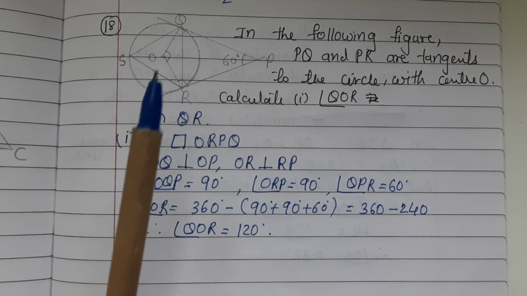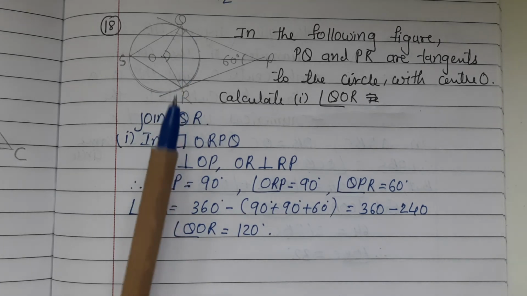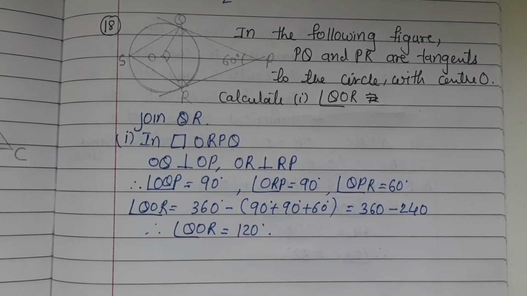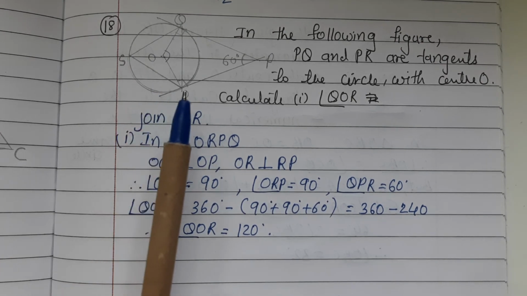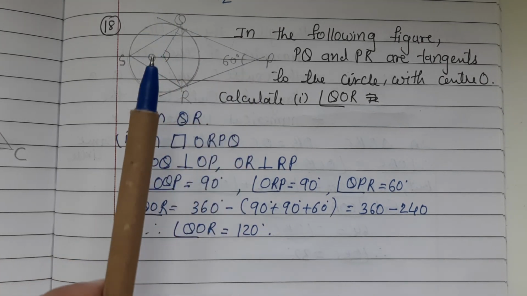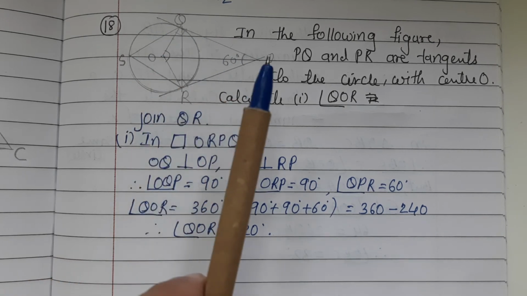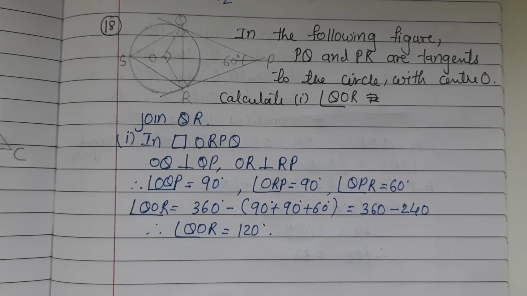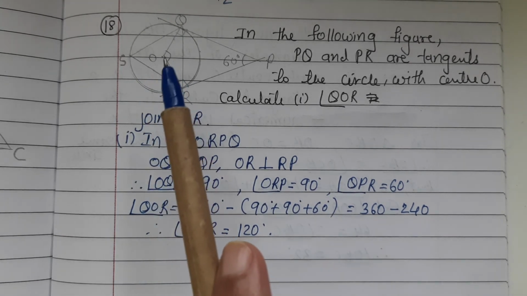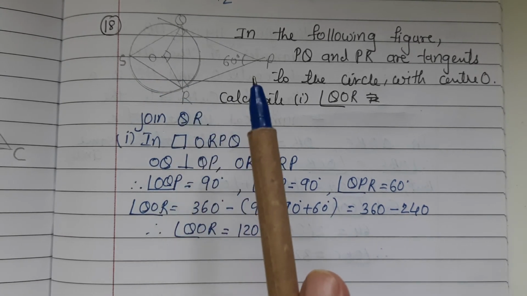Join QR. In quadrilateral ORPQ, OQ is perpendicular to PQ. OR is perpendicular to RP.